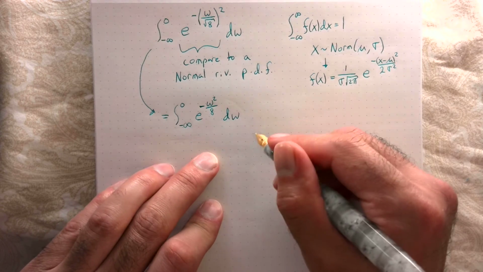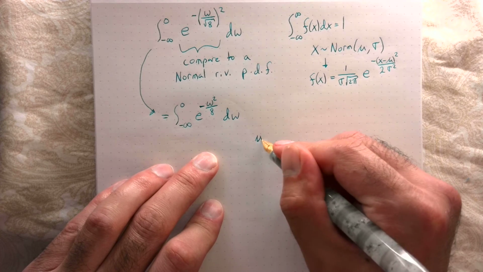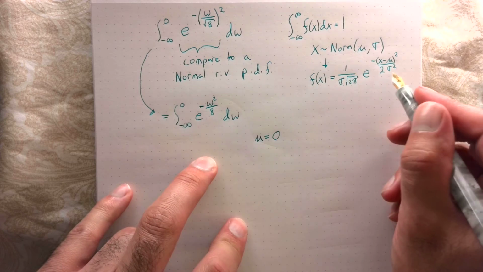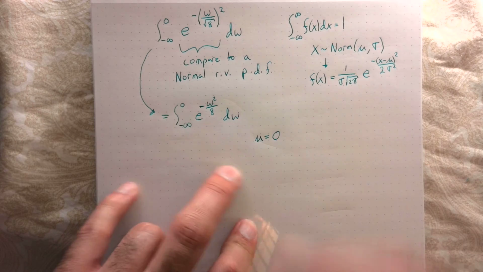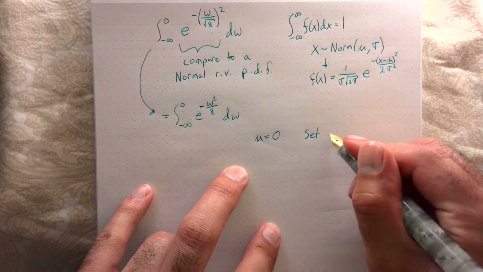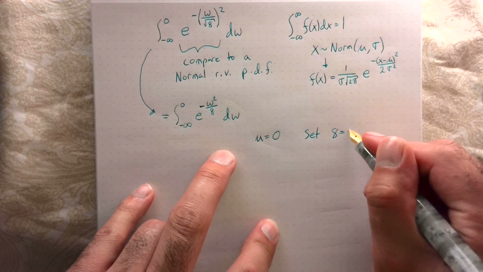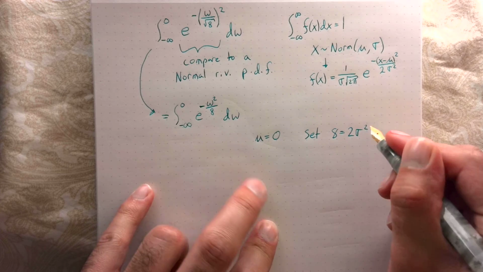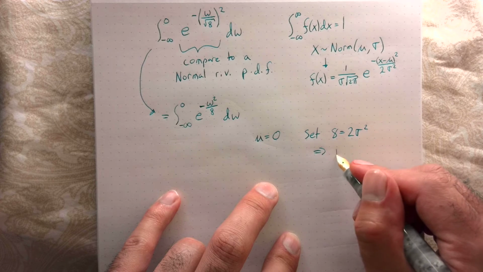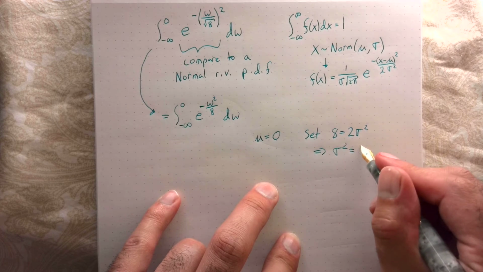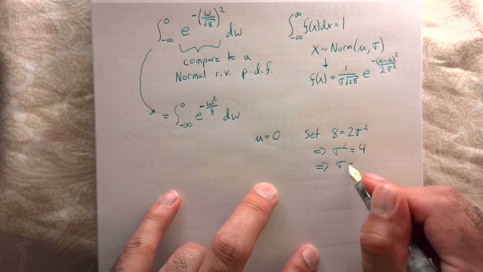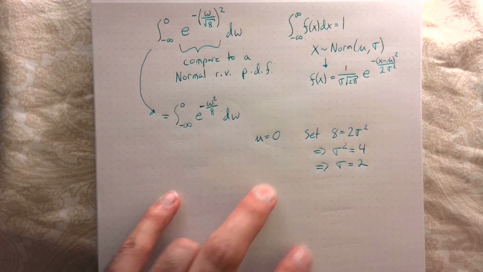So our mean is going to be 0, and now we want to set this denominator equal to 2 sigma squared. So let's set 8 equal to 2 sigma squared. We divide by 2, so sigma squared equals 4, so sigma is the square root of 4, which is 2.